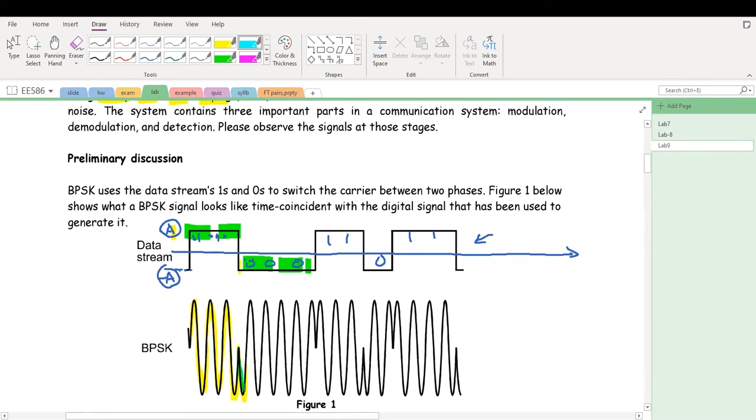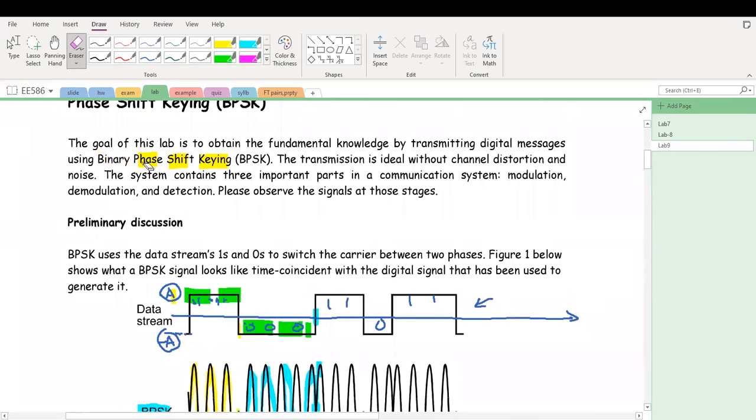And now it becomes 1 again, so it becomes cosine again. Therefore, we can say the phase of this modulated signal is changing to either 0 or pi, depending on whether the signal is a digital 1 or digital 0. Therefore, the name binary phase shift came about.